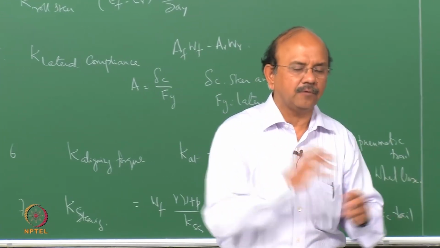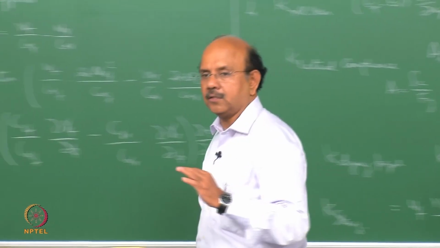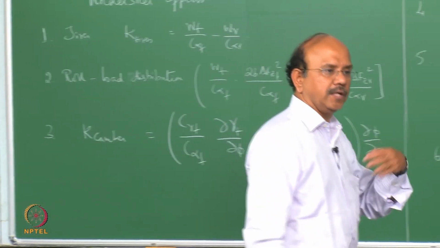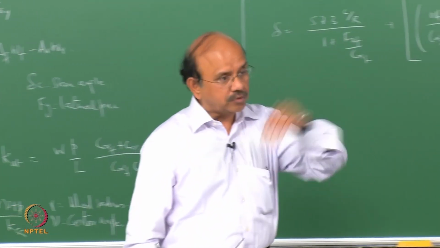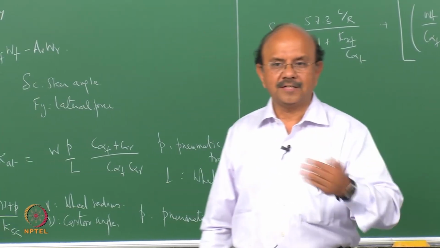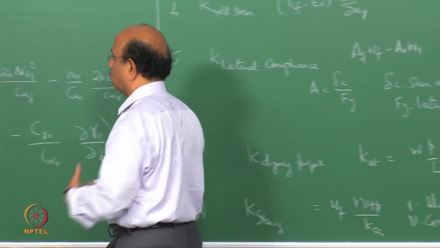This is what it came to. We realized that there are a number of other factors which are going to play a role when it comes to the steering input. In other words, other factors may make us give more steering input or give less steering input. In other words, there are other factors which are going to cause what we called understeer or oversteer.